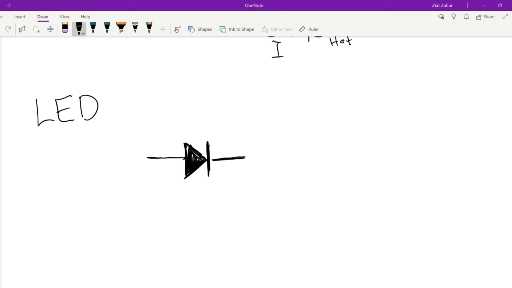LEDs only work in one direction, meaning current must flow to the right if you orient it this way. And if current tries to go the other way, it won't. It'll block it and the light won't turn on.